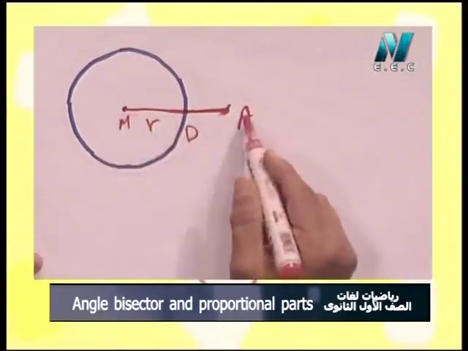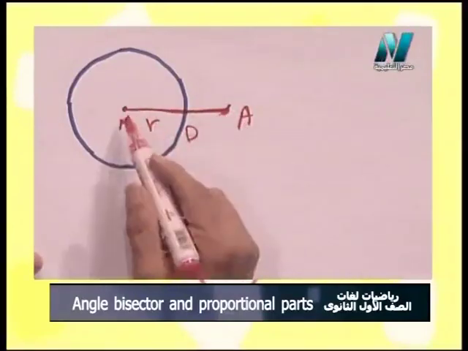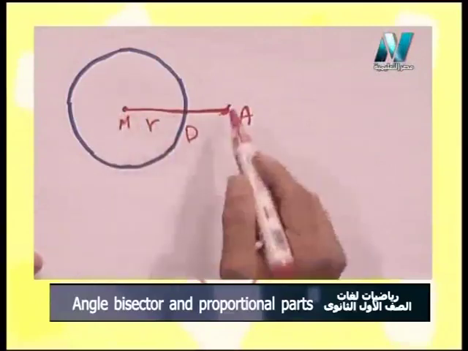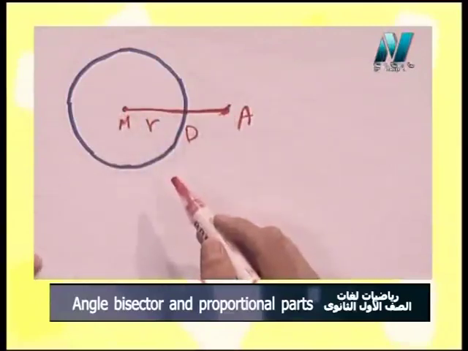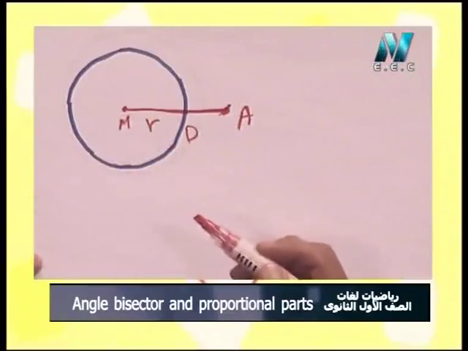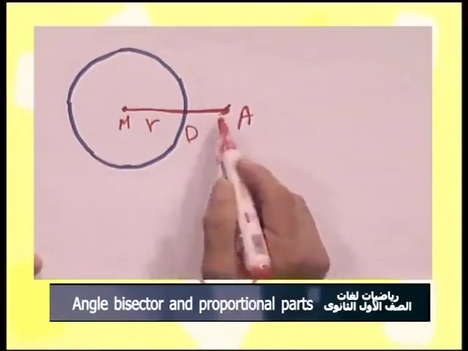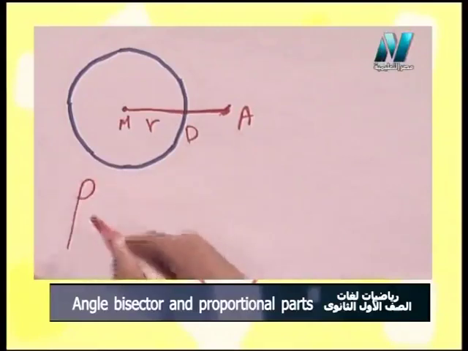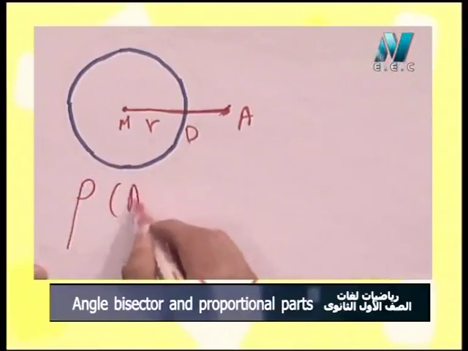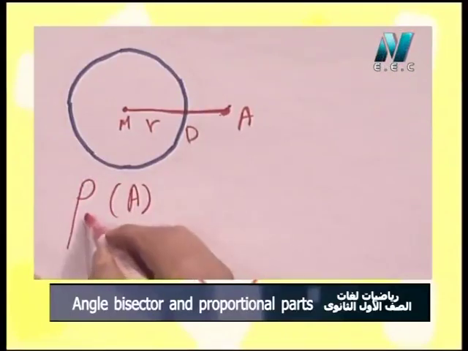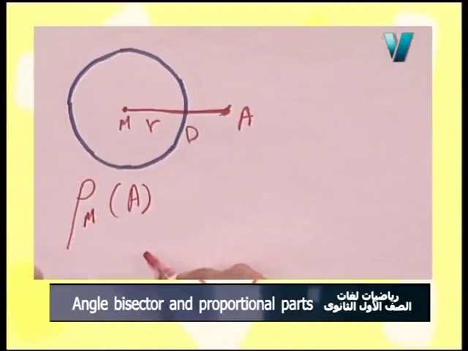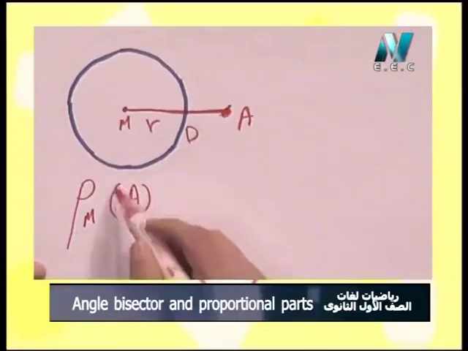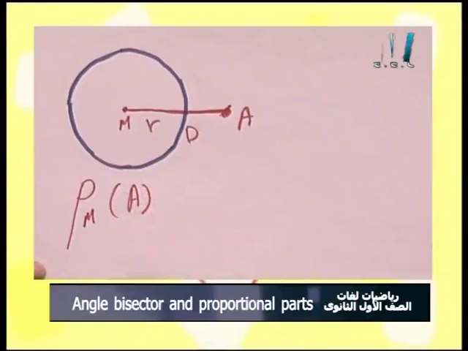So MA here is the length of the distance between the center of the circle and the point A. We will call that lesson the power of the point A. Power, we call it or put it P. The power of the point A related to the circle M. This is the name of the lesson of today. The power of the point A related to the circle M.